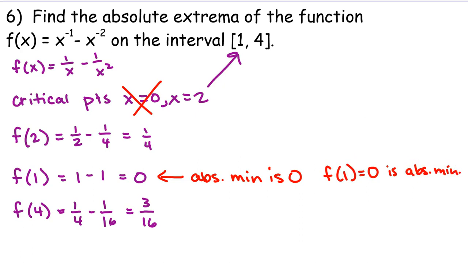And which one of these three numbers is the greatest? Well, 1/4 is greater than 3/16, so the absolute maximum is 1/4, or we can say it's f of 2.